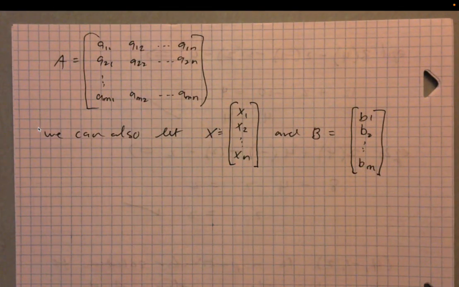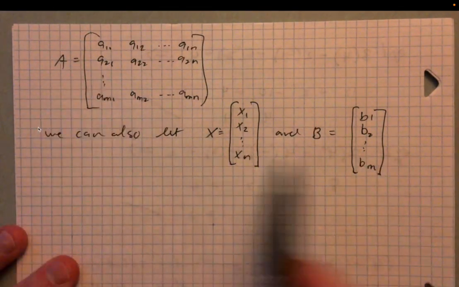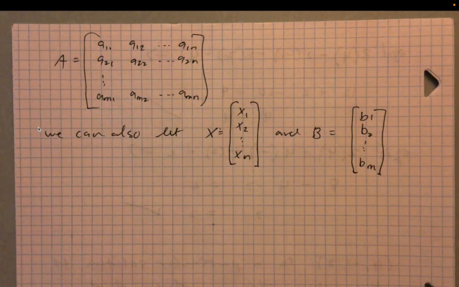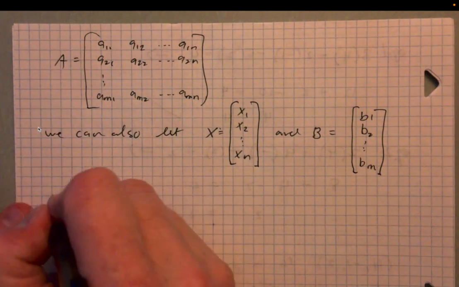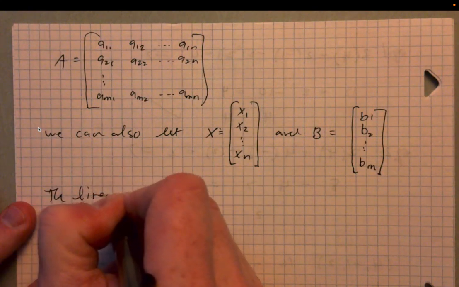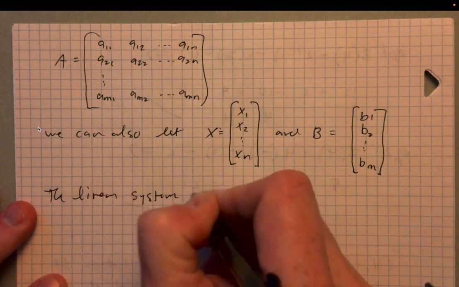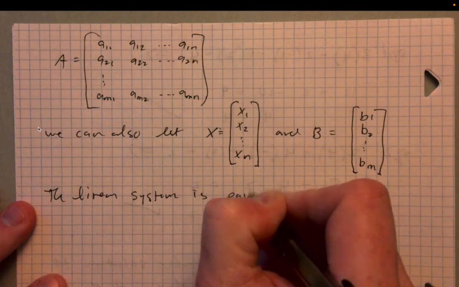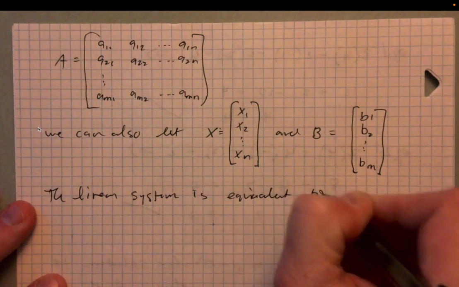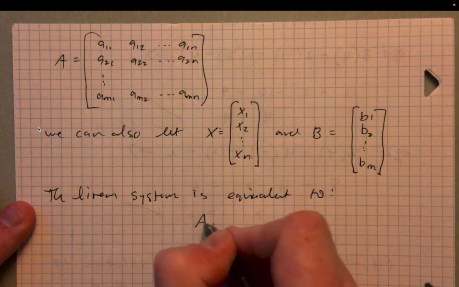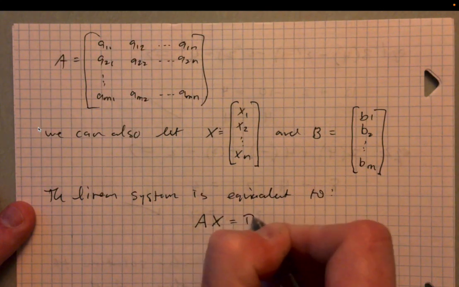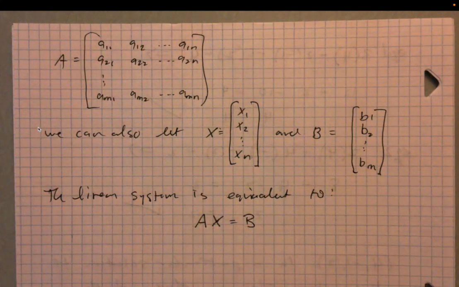And when we do that, these three matrices can be used to represent this system of ours. So the linear system is equivalent to the matrix equation AX equals B. Okay, AX equals B. So let's make sure we understand this.